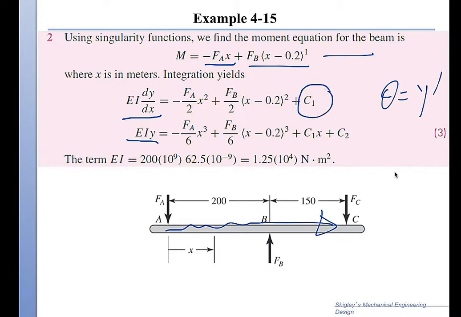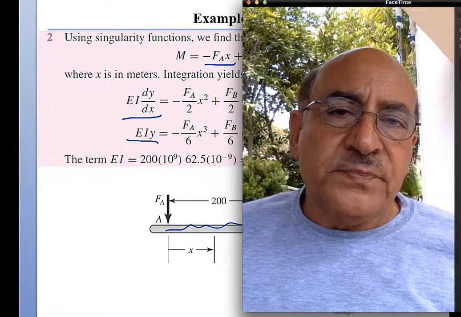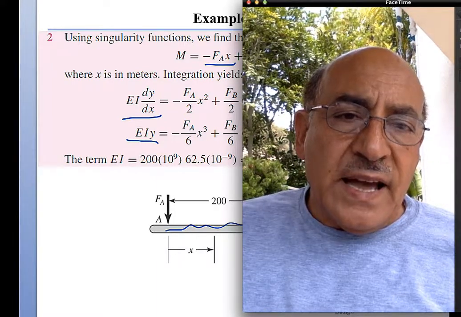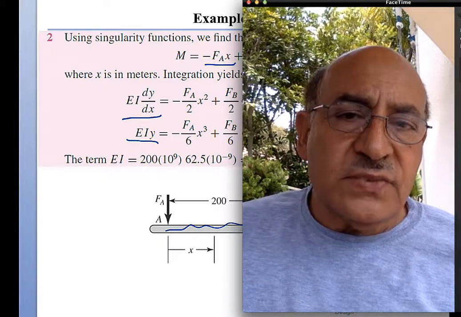Notice that I made my life a little bit more complicated because I have introduced C1 and C2, two other unknowns of the integration. So I started with three unknowns, FA, FB, FC, and I did the moment distribution. I integrated once and twice.